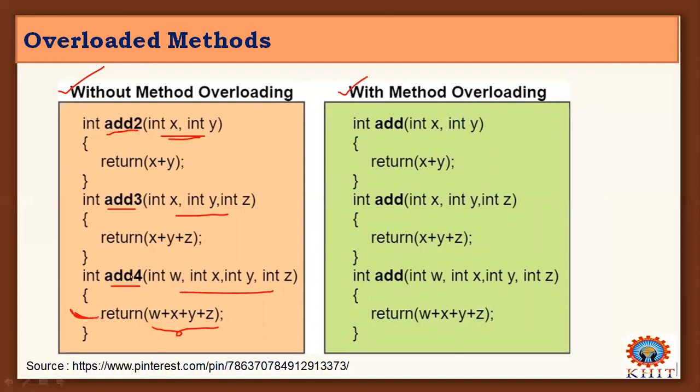So understood. Generally we may encounter a situation of defining the same type of addition methods with some values to be added, and the function name should not be the same here.